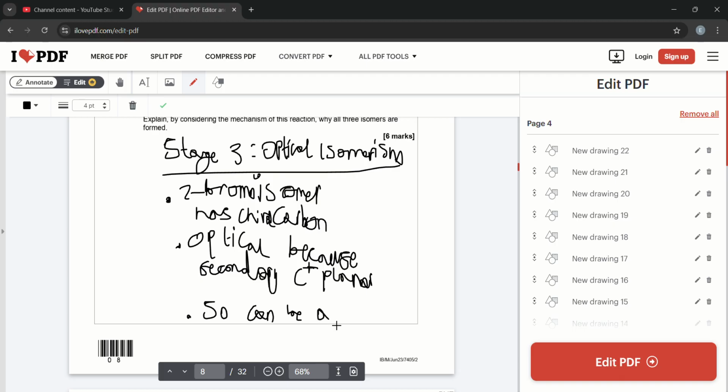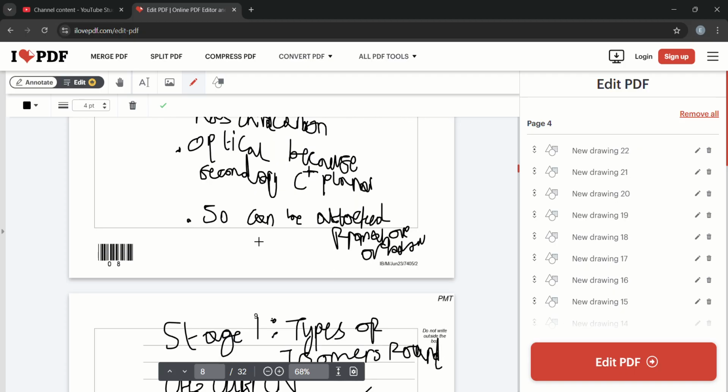That's really key. So it can be attacked from above or below, and hence optical.